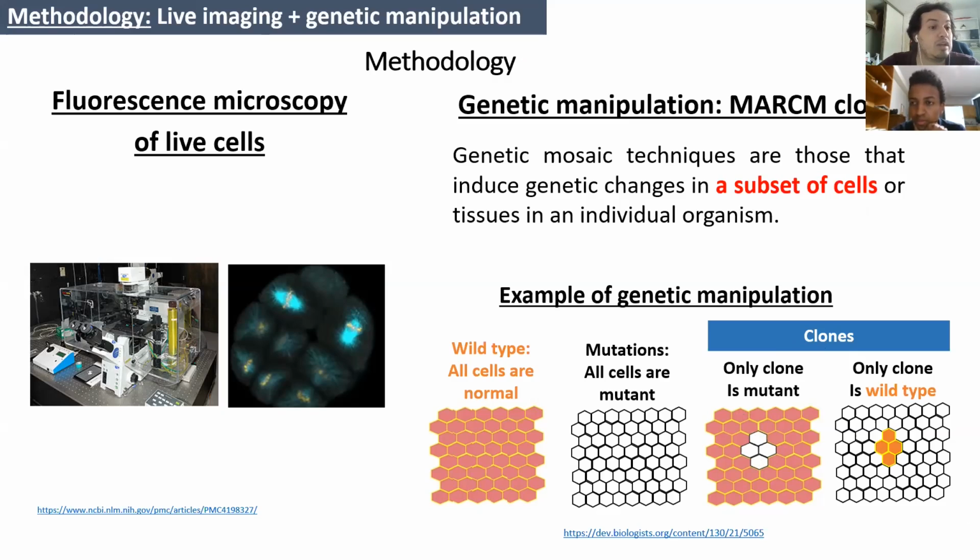In that way, you can study in more detail the process, how they start growing, and how they survive in a better way. So the Markov clone, in a very general and very simple way, is to use clones and label them with GFP.